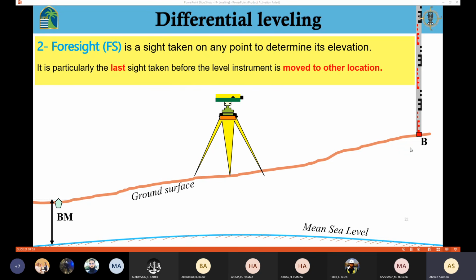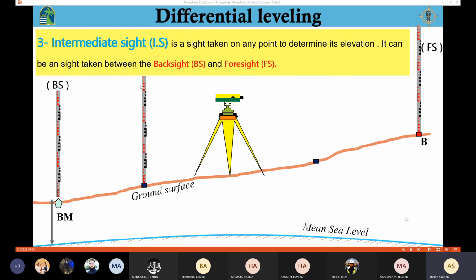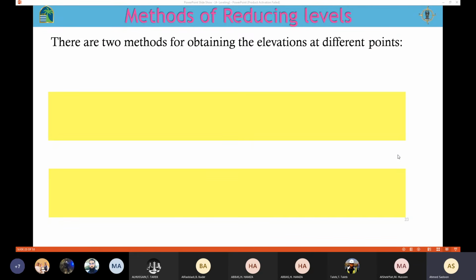And this one is the last sight for us. While the intermediate sight, we are going to place the staff on an unknown point, but this point is between the backsight and the foresight. So the intermediate sight and the foresight are similar, but the foresight is the last reading after which we are going to move the instrument, whereas the intermediate sight is going to get the reading for a point between the backsight and the foresight.